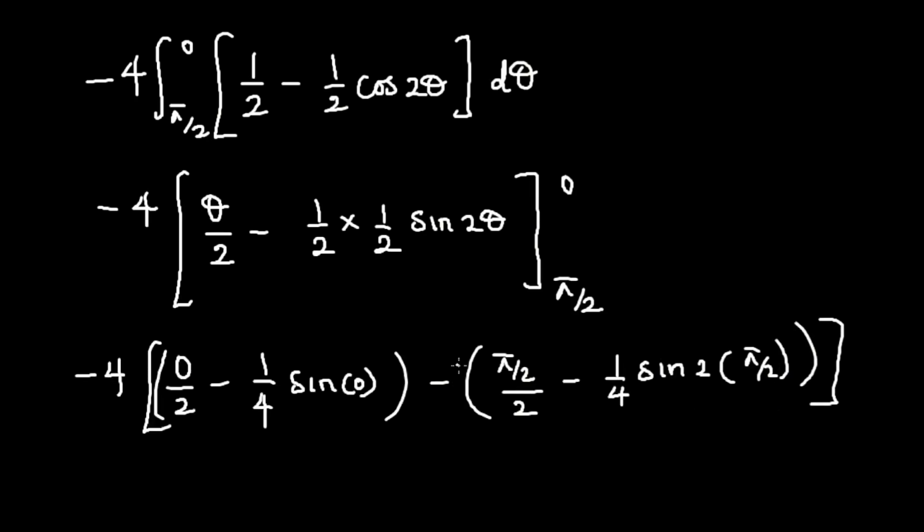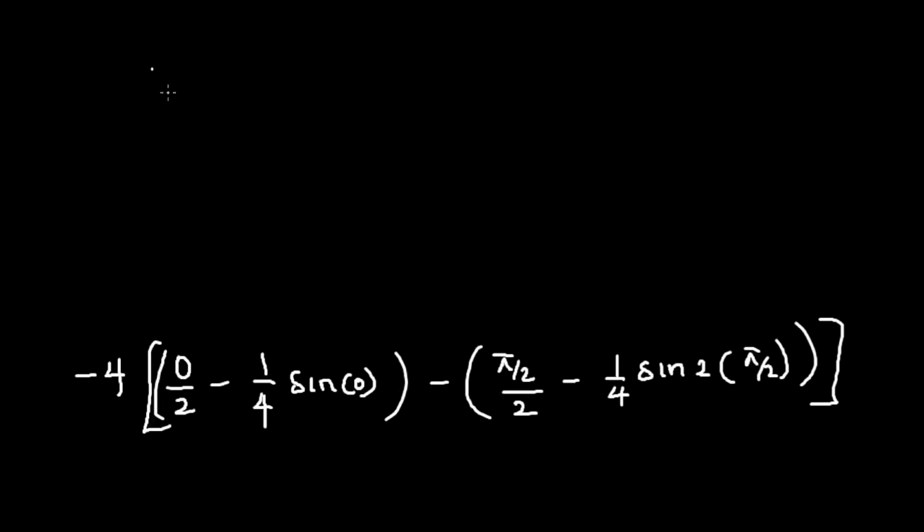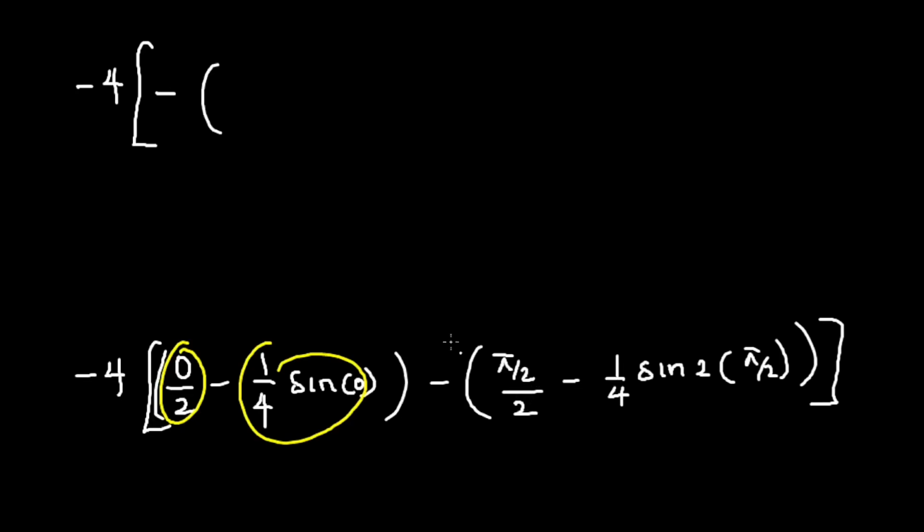You see that now? What do we have? Remember, we would have minus 4. Now it is obvious that the whole of this bracket will be 0, since sine 0 is 0. So I'm left with a minus, minus pi over 2 over 2 will be pi over 4.